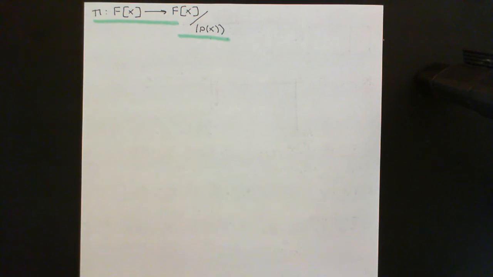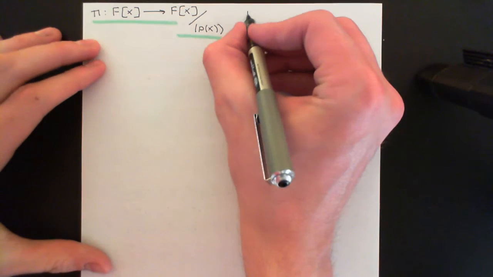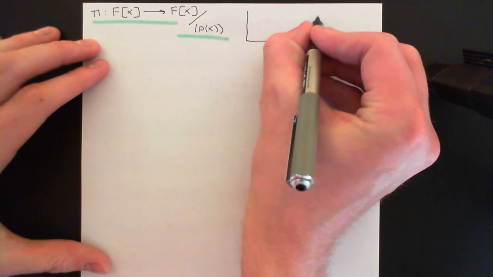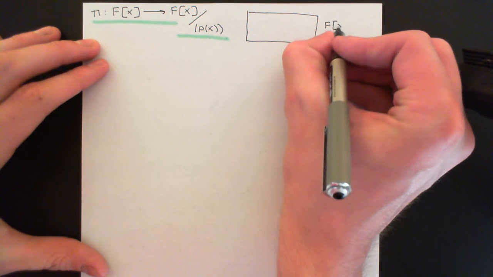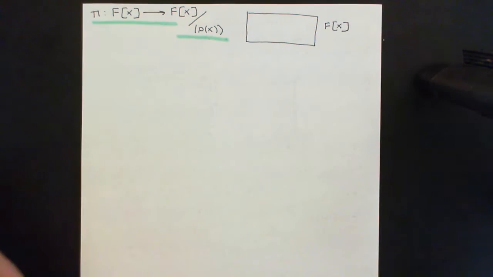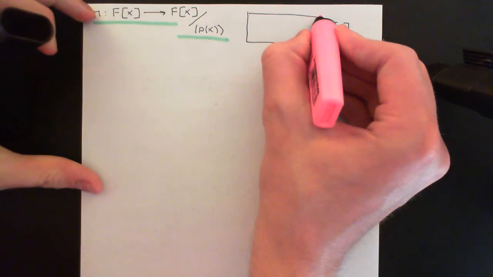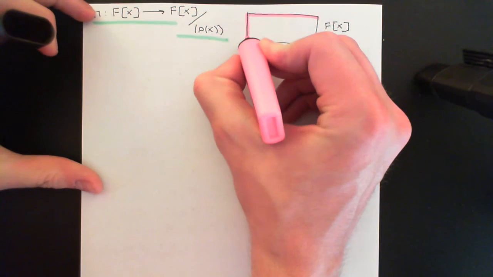Okay, and the way that this mapping will work is if I draw a little picture here. So let's say that this is the ring of polynomials with coefficients in the field capital F. Okay, so this is my F adjoin x here, and I'll just outline it in pink here.